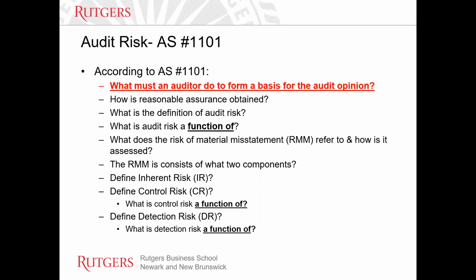I'm not going to be effective performing those procedures. Therefore, I could overlook some material misstatements. So the performance of the procedures or the procedures themselves affect detection risk. The effectiveness of the design or the effectiveness of the operations of controls affect control risk.